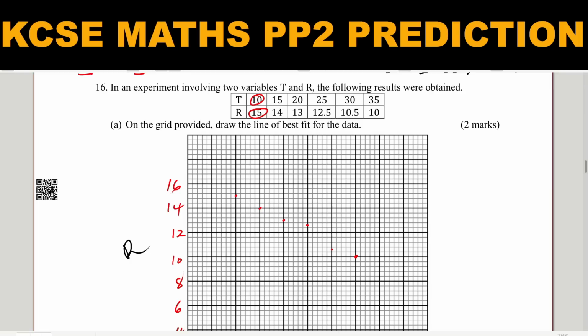So when I look at these, I try to draw here. Just have a look at that line that I'm drawing there. That line is passing where we have the majority of the points.